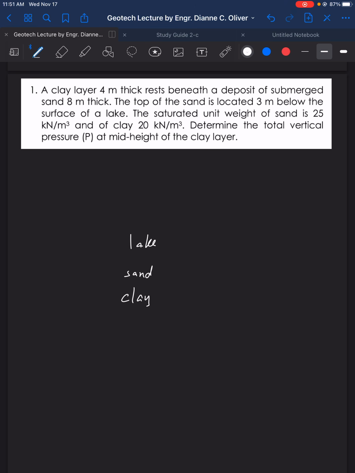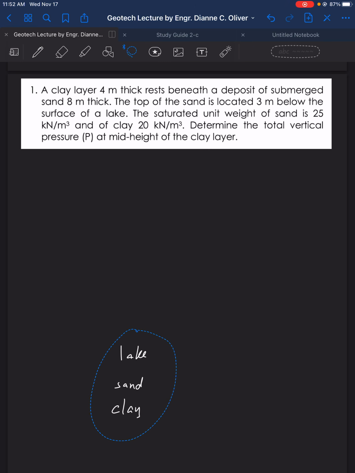The saturated unit weight, so let's draw it first. So we have the lake. The lake is 3 meters deep because the top of the sand is located 3 meters below the surface of the lake.